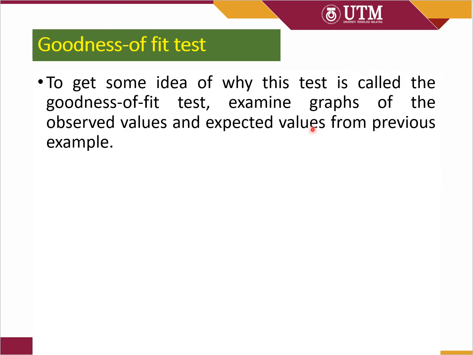To get some idea of why this test is called the goodness of fit test, examine the graph of the observed values and expected values from the previous example. Here the blue line shows the observed values: cherry is 32, strawberry is 20-something, and so on.